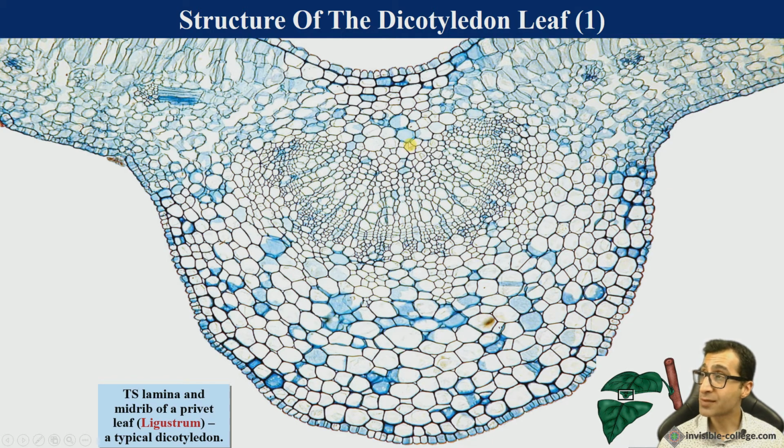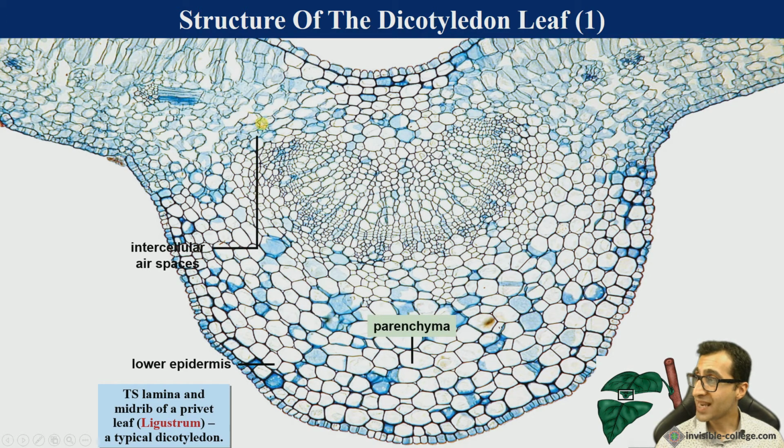Now again, we're going to explore the features of dicotyledonous leaves in the context of exchange and transport in the next webinar of this series. But here we can see the lower epidermis. Here we can see the parenchyma cells. These are the intercellular air spaces in the spongy mesophyll layer. These are the spongy mesophyll cells. These are the palisade cells here. And this is the upper epidermis layer here.